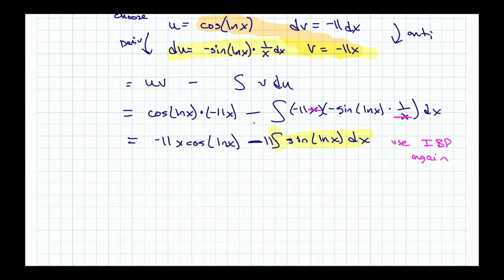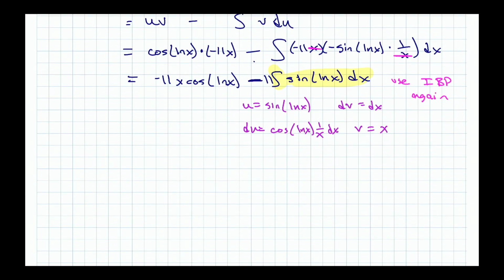So we go, it's the exact same process. U is sine ln x. We're basically making the same choices we already did. The dv could just be dx because I took that 11 out. Du, you're going to go cosine ln x, 1 over x dx. Everything's basically the same. V, take the antiderivative of dx and get x.